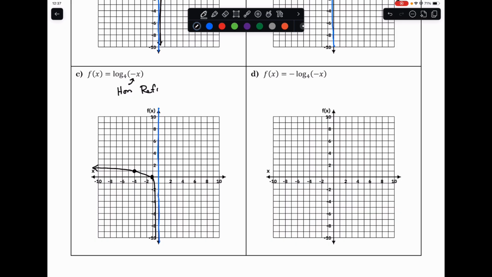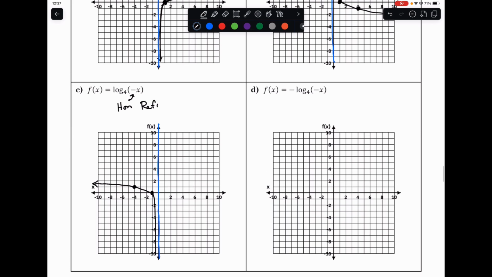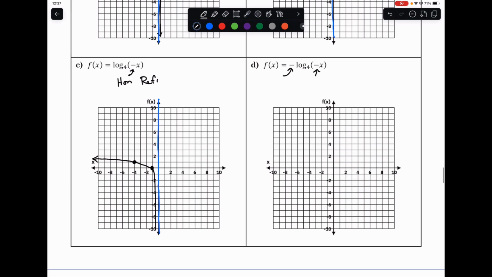Now, if I want to do both a horizontal reflection, like we did right now, and also a vertical reflection, since this part right there looks like this, putting simply a negative sign in front of that, it's going to simply flip this upside down. So it's still going to point to the right, but instead of moving upwards like this, it's going to put this point down here and connect the graph like this.